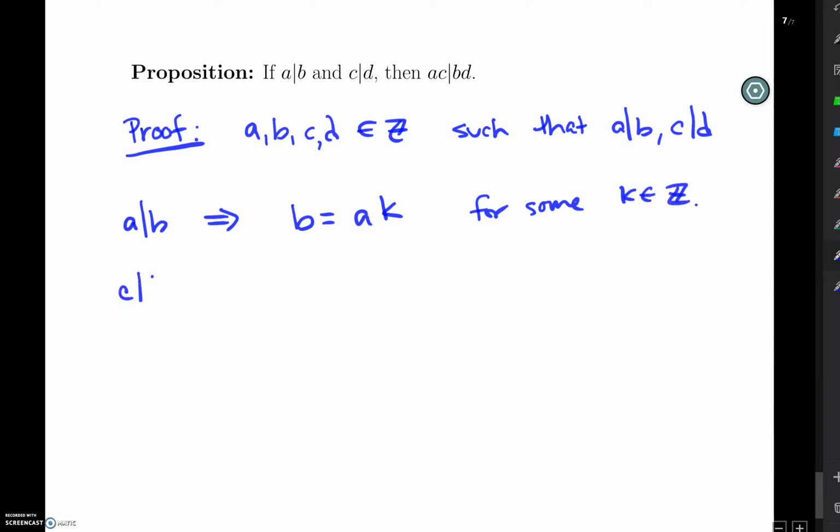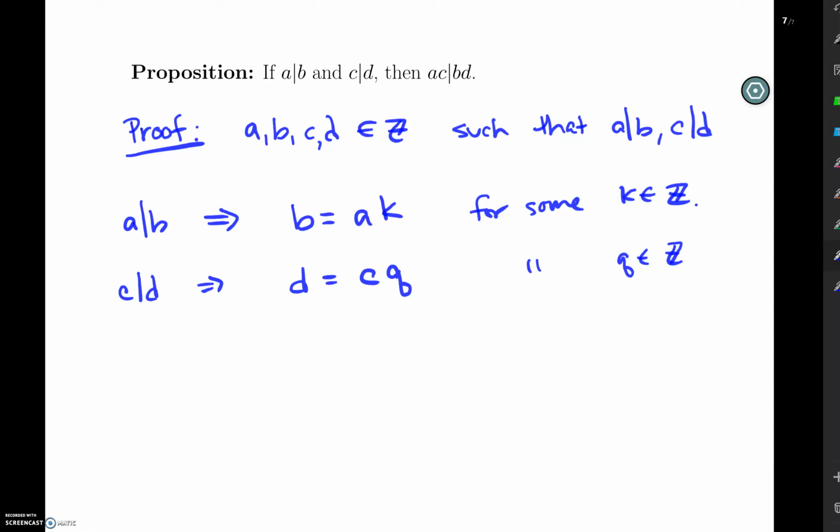Similarly, C divides D means that we have to be able to write D is equal to C times, pick anything other than A, B, C, D, or K. In this case, I've chosen Q to be my other integer. Now, I need to look at AC. I want AC to divide BD. So we'll actually start with BD.